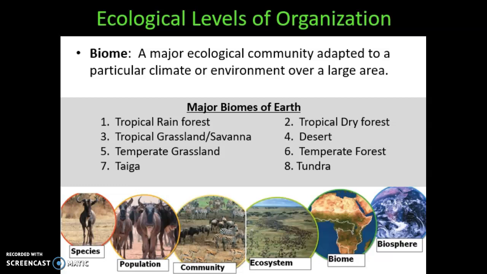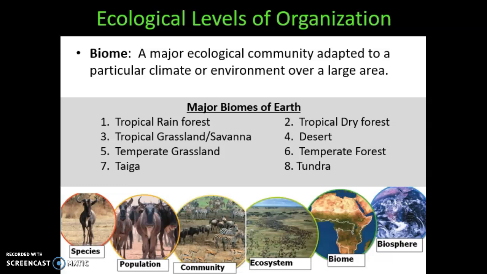Next, we have a biome. A biome is a bunch of ecosystems that all share the same climate or environment. It changes depending on what reference you're looking at, but the textbook that our course is based off of identifies 8 major Earth biomes.